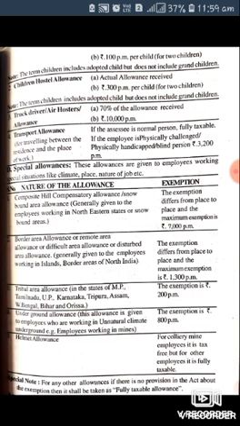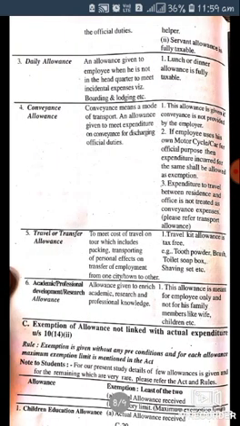The term children includes adopted children but does not include grandchildren. The least amount is exempted. Statutory limit or allowance received, whichever is less.